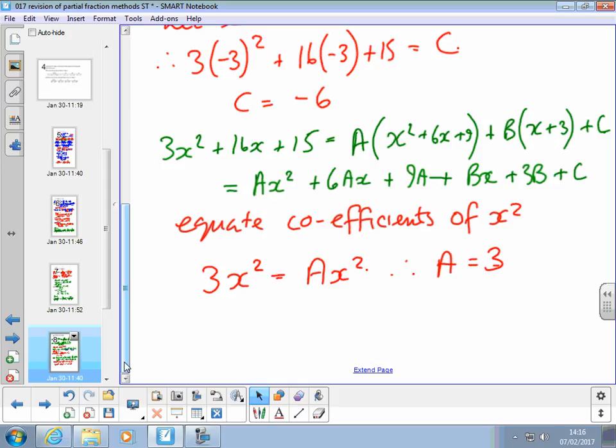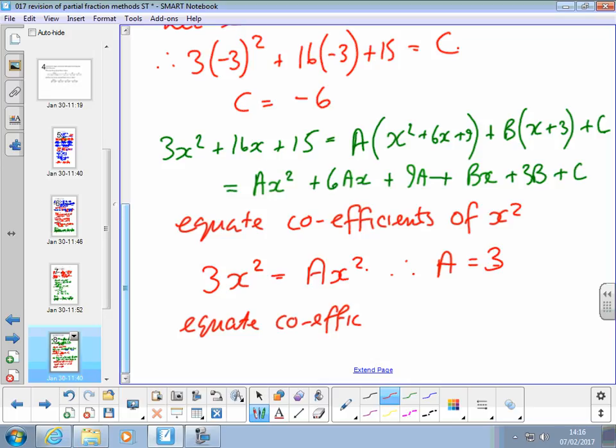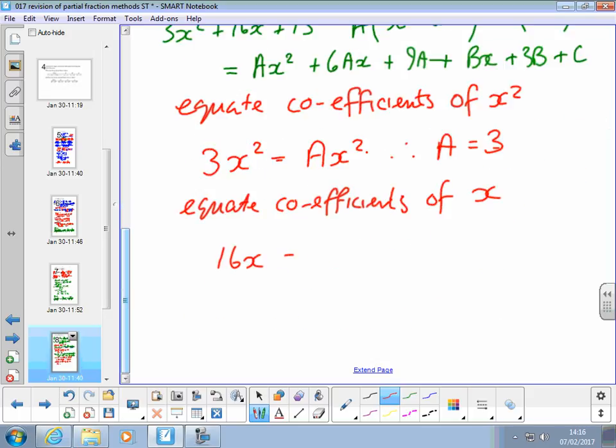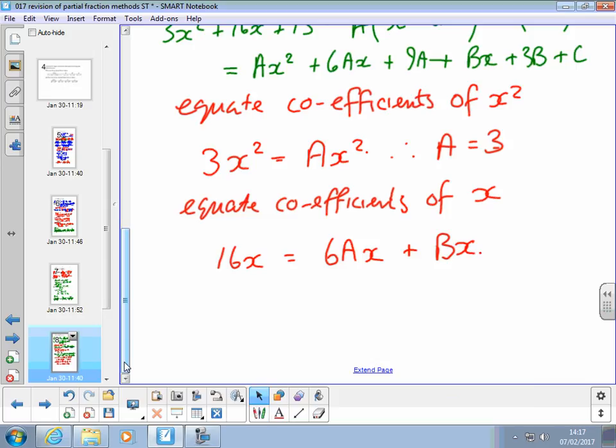So we can equate the coefficients of x. We've got 16x is equal to 6Ax + Bx.